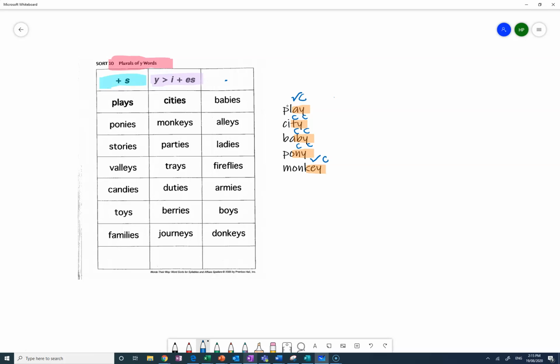Now, if we look at these words, when we turn them into a plural, as I write these words as plurals, I want you to see if you notice a pattern. Play becomes plays. City becomes cities. Babies. Ponies. Monkeys.